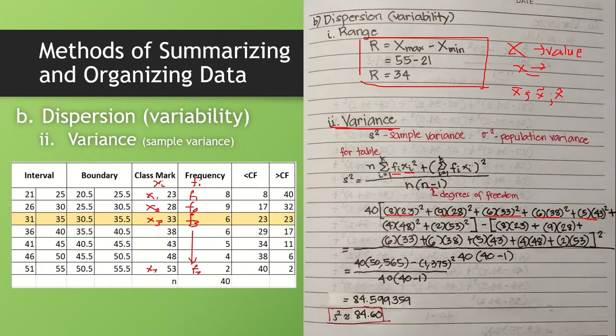Then sum them all, multiply it by 40. So the sum of the products of the frequency and the square of the class marks will be multiplied by 40.